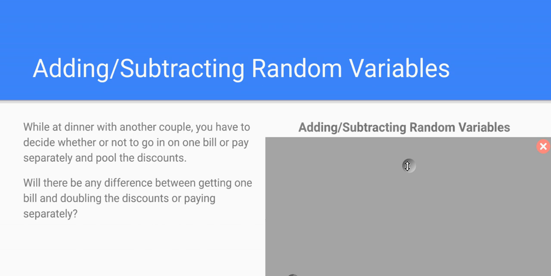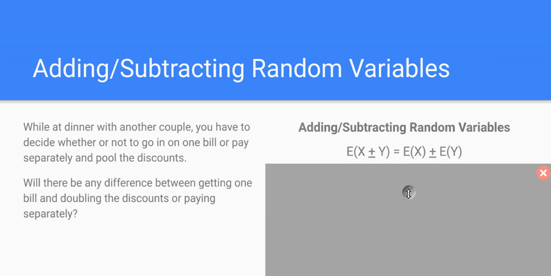When we're talking about adding or subtracting random variables, so we're taking couple one's discount and adding it to couple two's discount, what would the expected value be for that sum? Well, just what you think it would be. And it would be the same as doubling it, right?